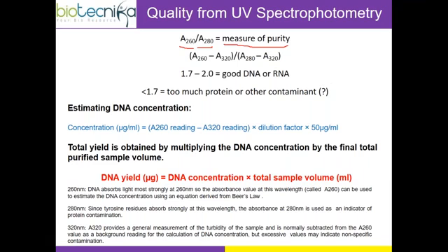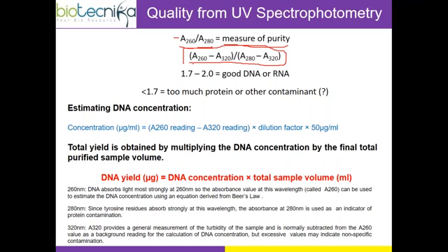It can be used for both RNA as well as DNA. If you want to be a little bit more specific, it is absorption at 260 minus absorption at 320, divided by absorption at 280 minus absorption at 320. This is the formula which is used for high-tech techniques.